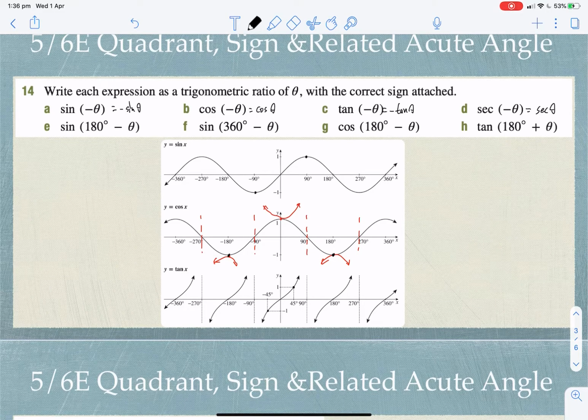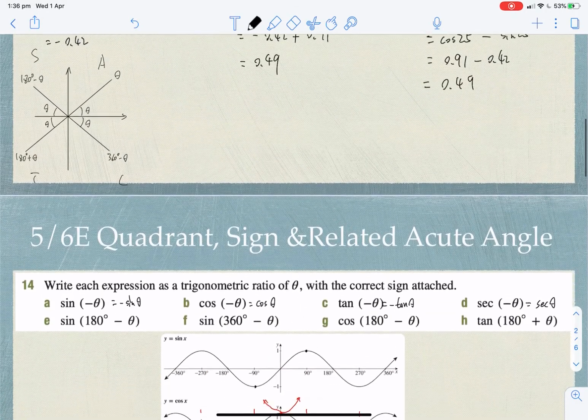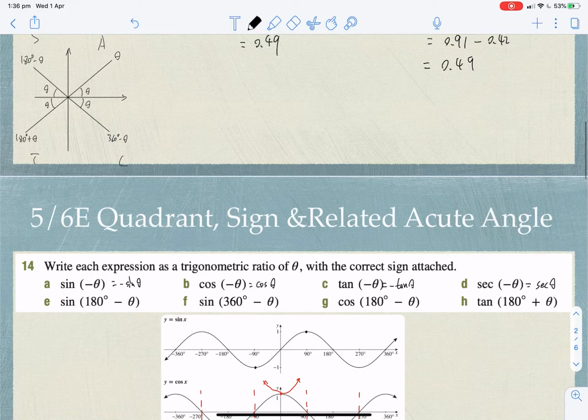The next three, we actually don't really need to use the graph at all, because we can just use exactly the same as the diagram above. So sine 180 minus theta, which is second quadrant, is positive for sine, so it's the same as sine theta. Sine 360 minus theta, which is the third quadrant, means it's negative. Sorry, I apologize for missing a negative.